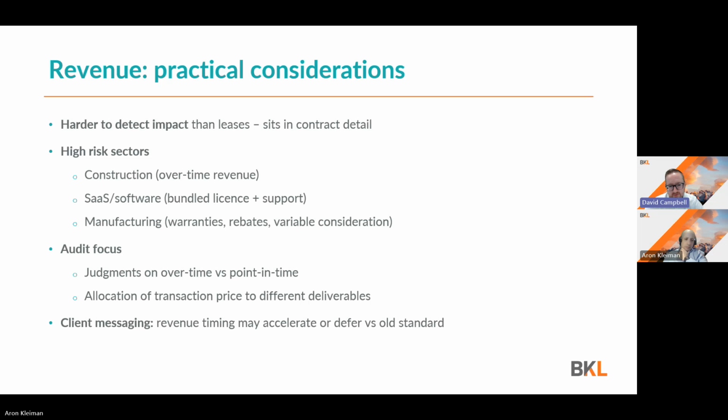SaaS and software companies where they may provide bundled license and support, but all under one fee, and it's a case of having to unbundle that and work out how much consideration relates to the license and how much consideration relates to ongoing support. And similarly, manufacturing where there's warranties, rebates, or any component of variable consideration.